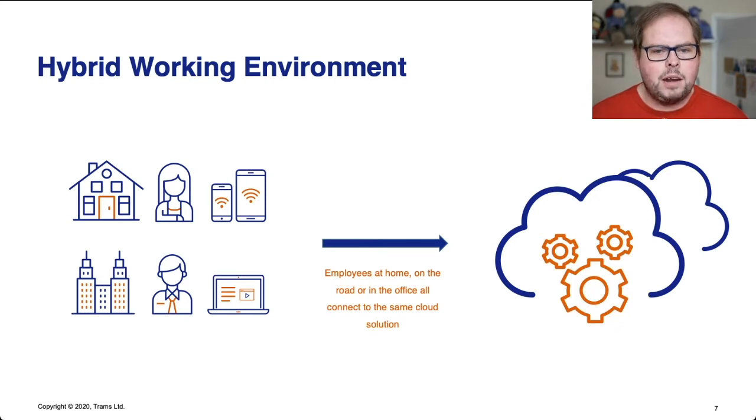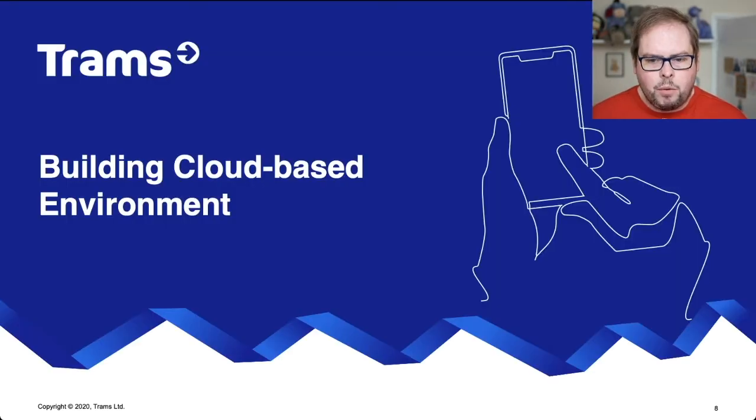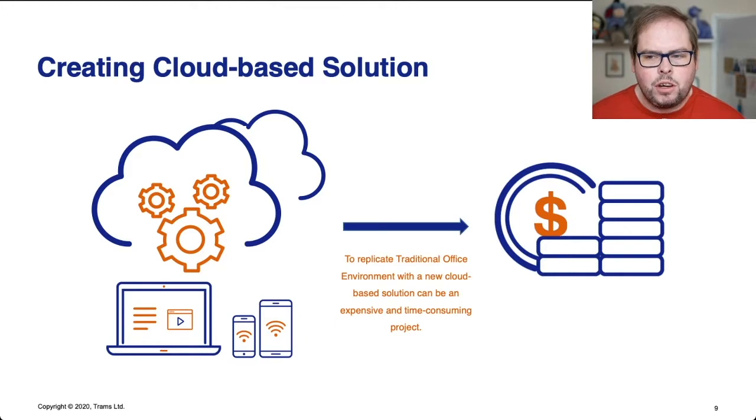Once you move to that kind of environment, having a VPN connecting to a data center or an on-premise comms room isn't necessarily the most efficient or cost-effective method of delivering those services. So what we're seeing with this move to a more hybrid working environment is also a move further into the cloud and a utilization of more cloud services. Now, traditionally, when you move to the cloud, there are 2 options.